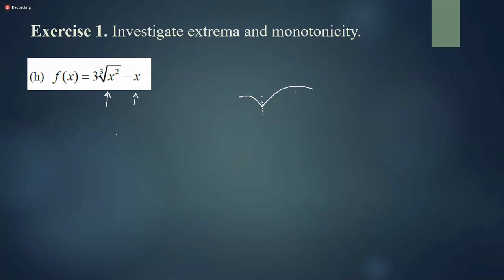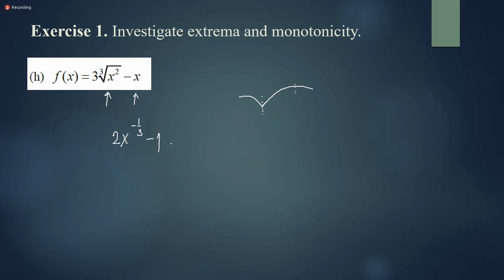Only then can we get full information from that derivative, because otherwise, if you simply write the derivative as 2/3 times 2x to the power minus 1/3 minus 1, you might be able to find the x value for which the derivative is 0, but you definitely lose the point where the derivative is not defined.